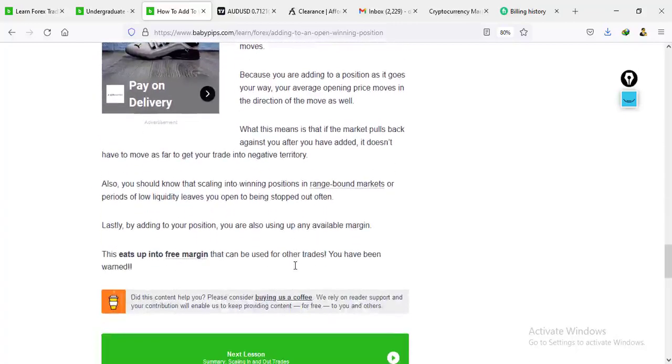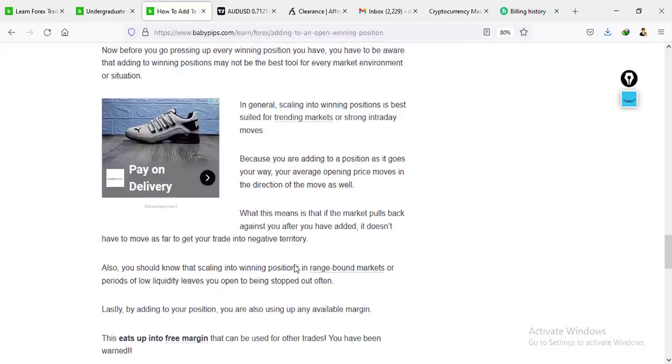Things can happen like really crazy. Price can go against you if you are not in a trending market, and it can smash your stop loss, take you out of the market, and if possible, wipe out your account. Be very careful though. Do not enter more positions in a range bound market or periods of low liquidity.